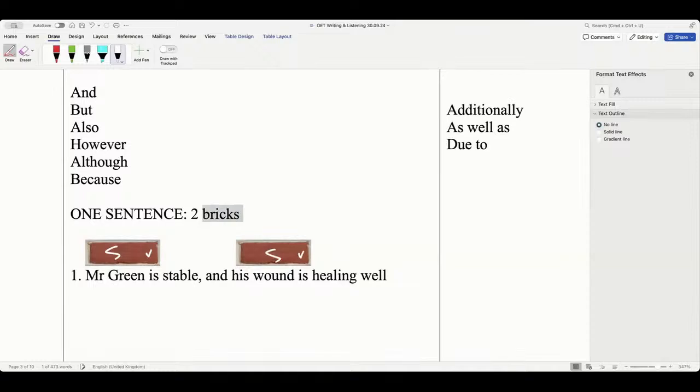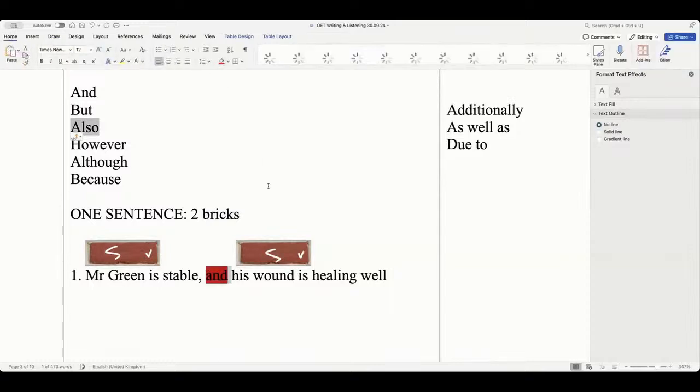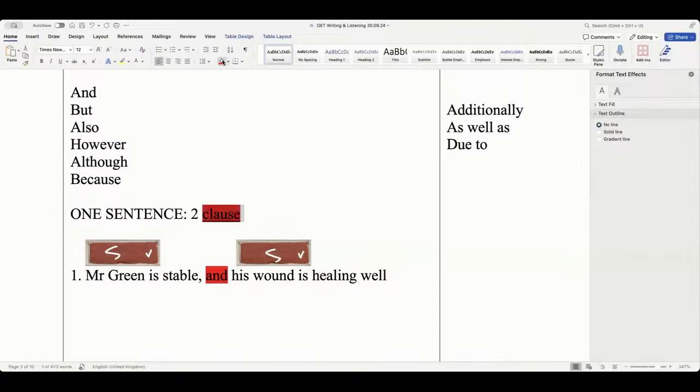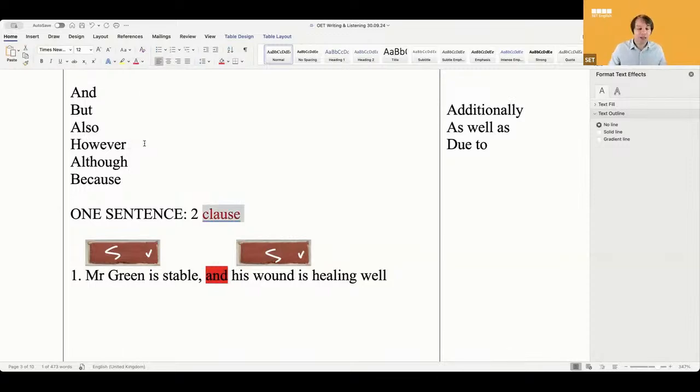Not independent, not dependent. Close. Clause, like Santa Claus. Usually, a clause is a subject and verb.